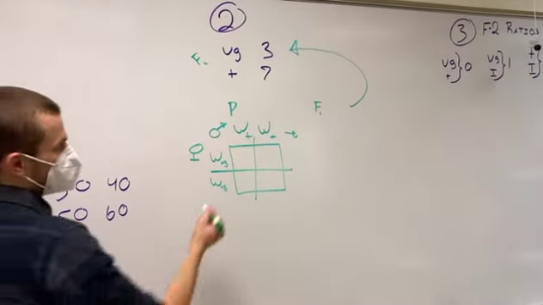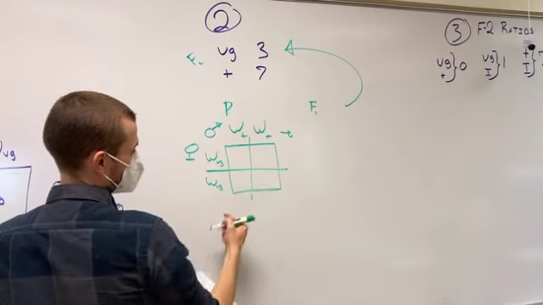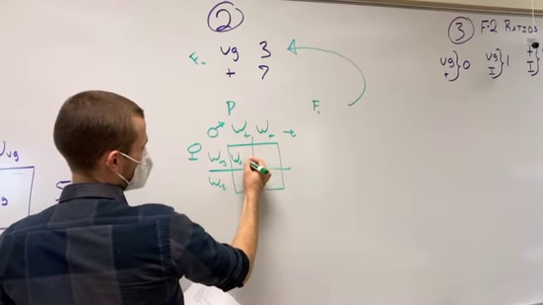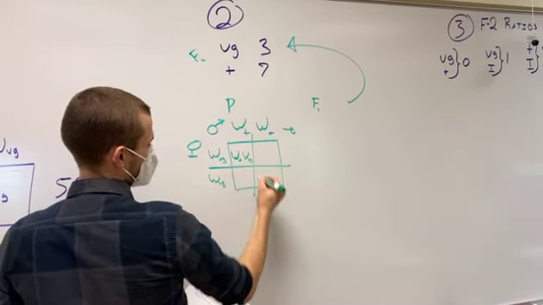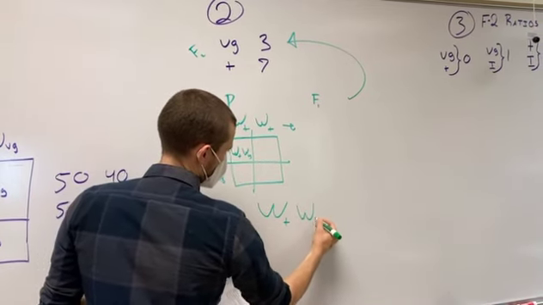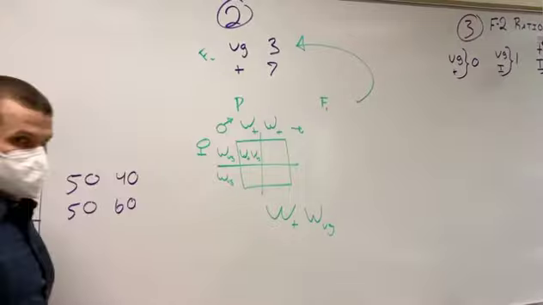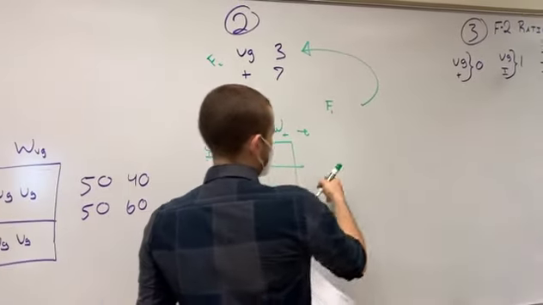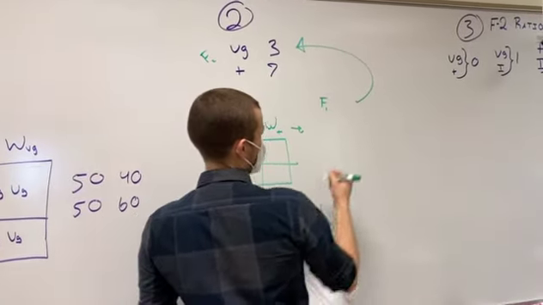This is going to make all 4 of the same offspring with a wild type allele and a vestigial allele. So we know that the F1s are all heterozygotes. What do we get when we cross a heterozygote and a heterozygote?